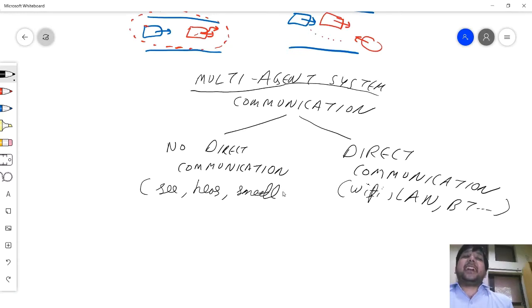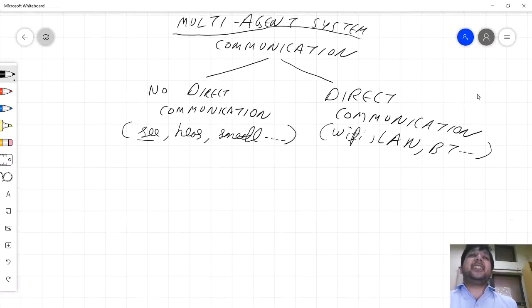I'm not just making that up, believe me. And similarly others. So you don't know where the other agent is. You could have an estimate based on what you see. You don't know what that guy is doing. However, you could actually see what he is doing and adjust accordingly.